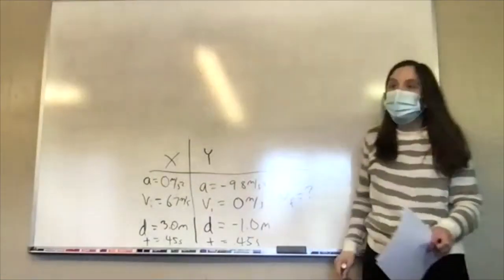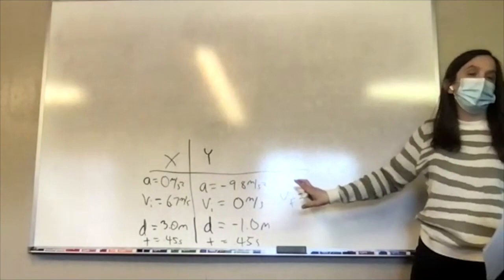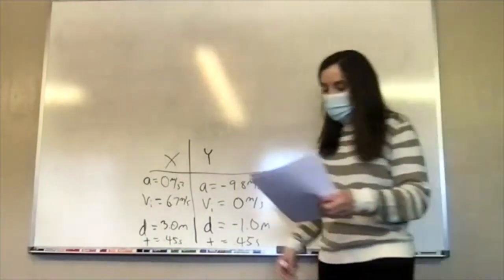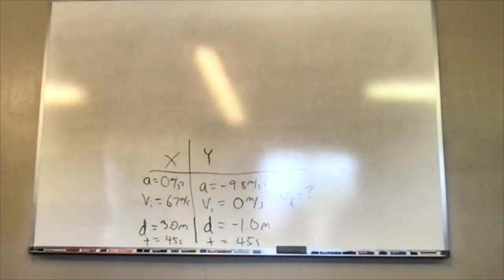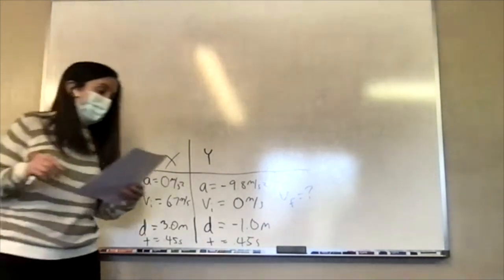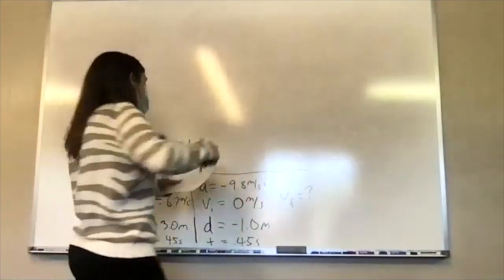So we need to find an equation that has the variables we know along with VF to solve for that. We could actually use either. There's two equations we could use. It doesn't matter. We'll just use the VF squared equals VI squared plus 2AD.